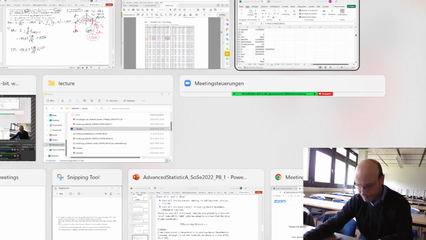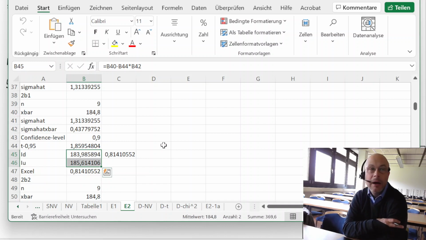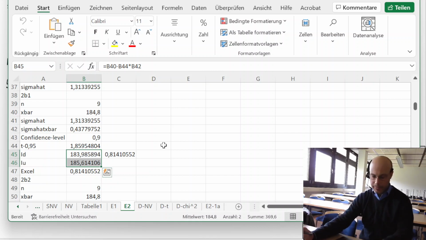Okay, then calculating these numbers, we obtain these two numbers for our interval, that our interval is the lower limit 183.99 up to 185.61.